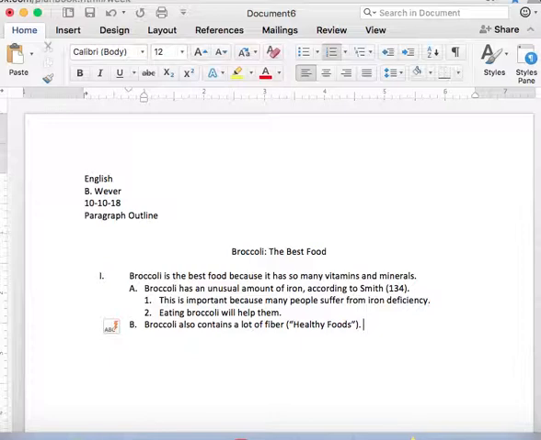Notice that this fact was from a website, and so I don't necessarily have an author or a page number, so I just put the title of the website in quotation marks in the parentheses. Now again, I need to give my commentary for this fact, so I'm going to press the enter button and the backspace key, and then I'm going to put a number 1 here, because I have started a whole new fact, and so I'm not going to continue this list from up here.